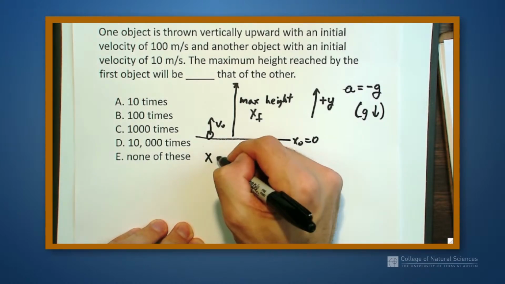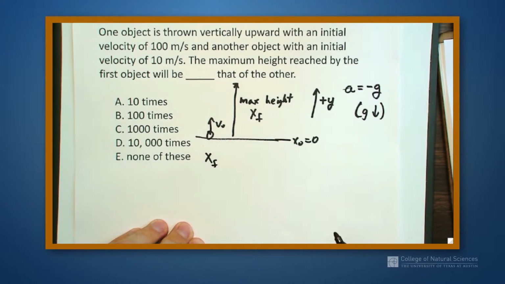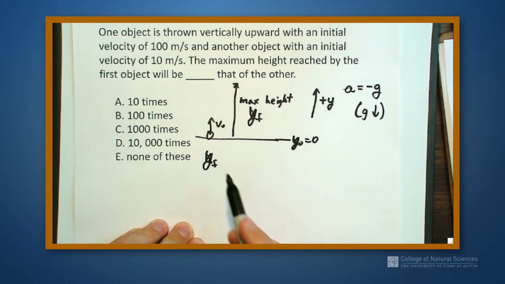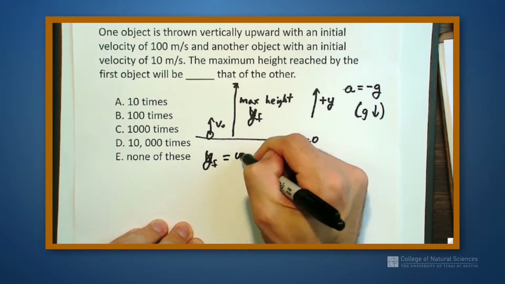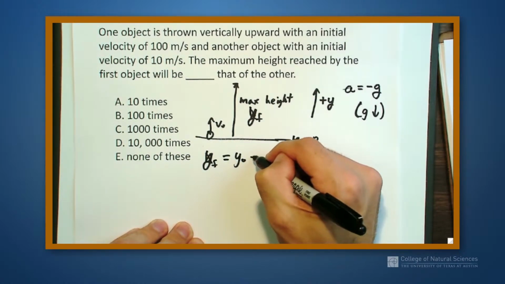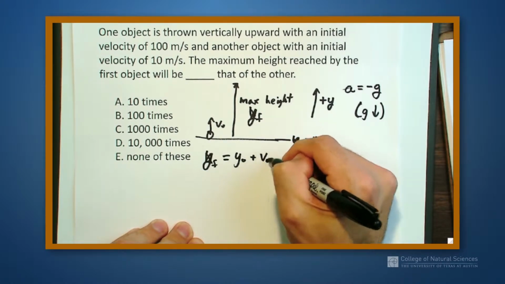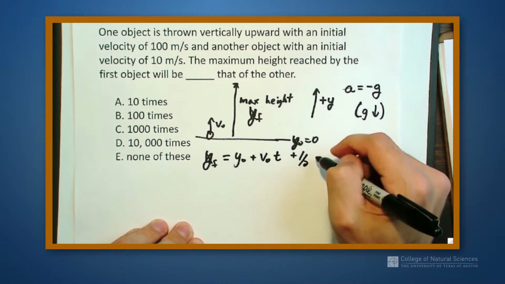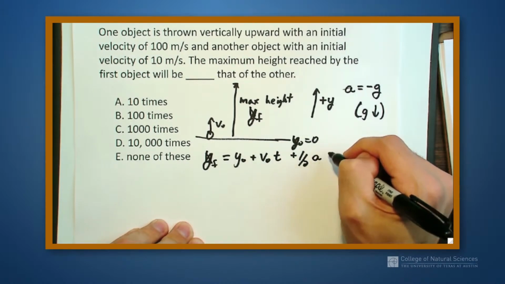So the kinematic equation that I remember, actually let's do this in the y direction, so my y values. Y final is equal to y initial plus v initial t plus 1/2 a t squared.